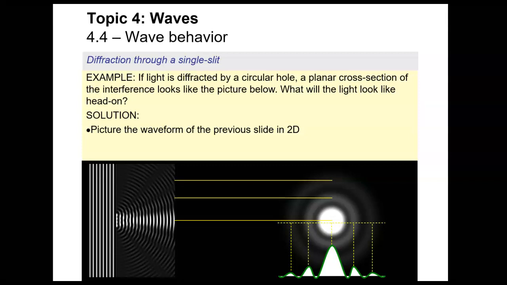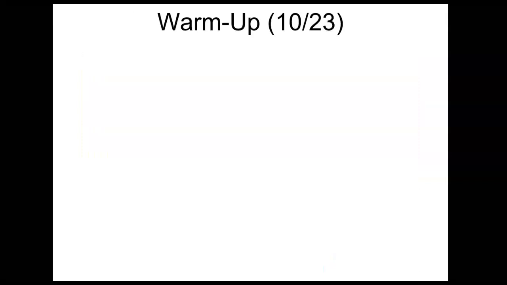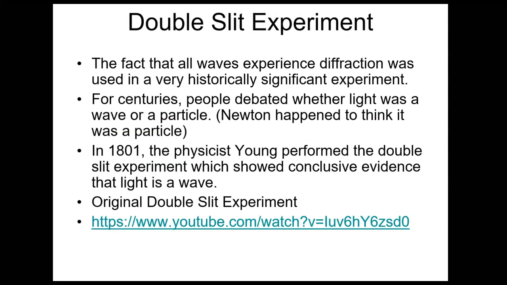And so what you're seeing right here is an interference pattern. Wherever you see darkness, you see destructive interference, and wherever you see a bright spot, you have constructive interference. Okay, so that is diffraction.